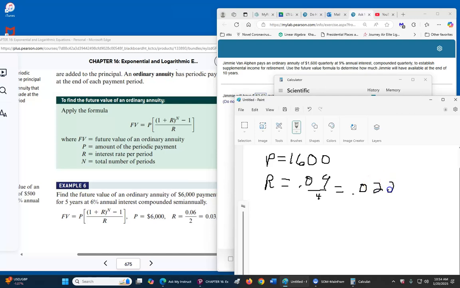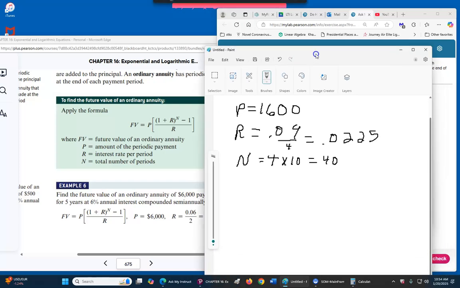So that's R. We have to divide it by 4 because it's compounded 4 times a year. Then N, that's the number of periods. It's quarterly, so there are 4 periods per year for 10 years. So N is going to be 40. So we need these 3 numbers, and we just put them into this formula here.